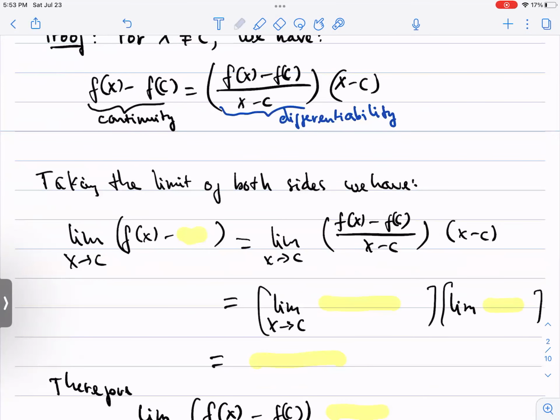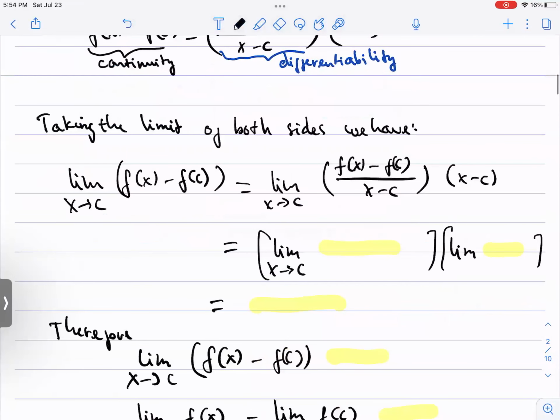So we can take the limit of both sides of that equation. On the left hand side, we have the limit of f of x minus f of c. On the other side, you have the limit when x approaches c of this product, f of x minus f of c divided by x minus c, multiplied by x minus c.